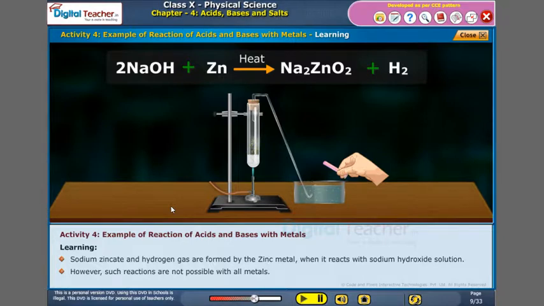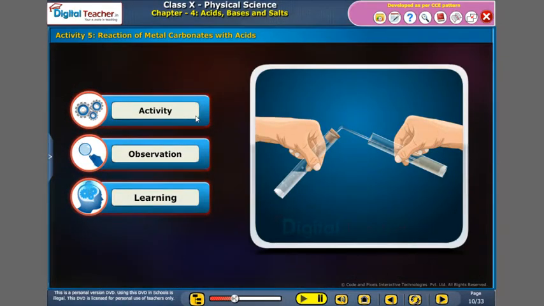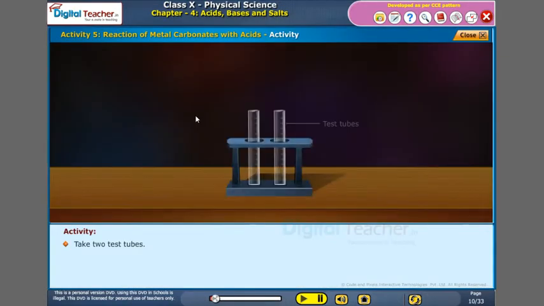After learning about chemical reactions in detail, let us now learn the reaction of carbonates and metal hydrogen carbonates with acids. Take 2 test tubes.